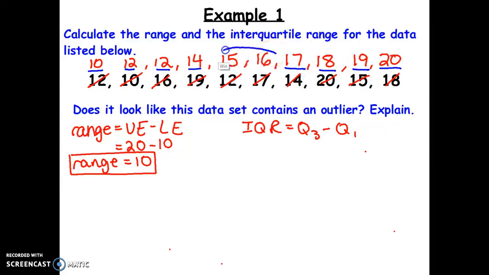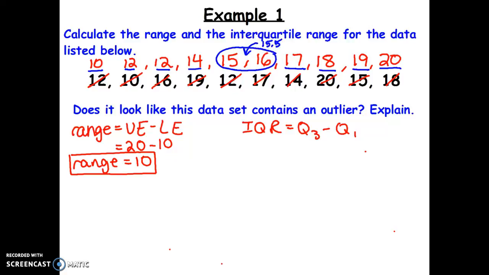So we see that we have two numbers in the middle. Remember, when you have two numbers in the middle, you have to find the average of those two numbers. And that would be 15.5.